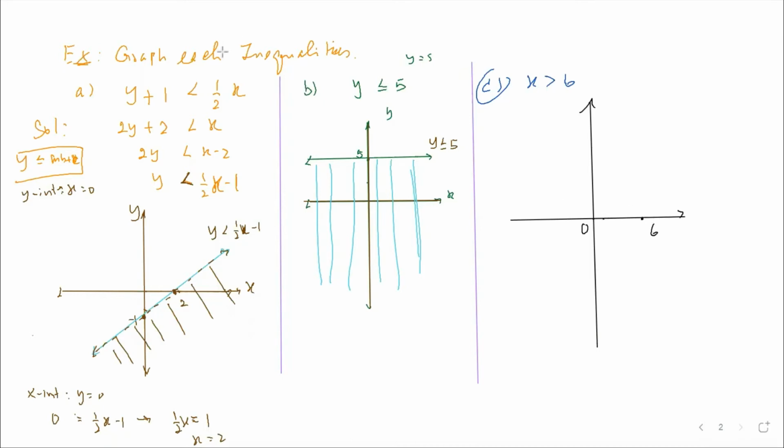Then you plot one line. But this one has no equal sign underneath, correct? So this one has to be a broken line, so I write this down, broken line.